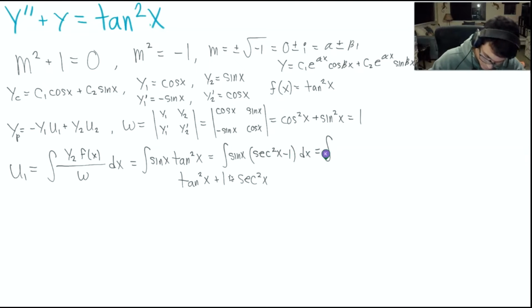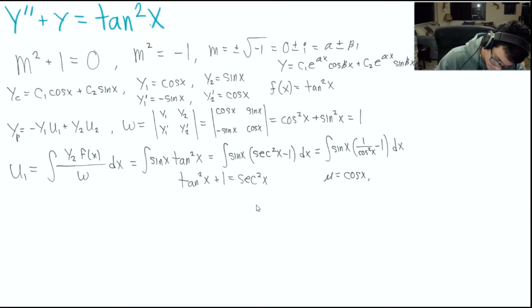Maybe we leave sine as it is and write this as 1 over cosine squared x minus 1, dx. And if we let u equal cosine x, then du is negative sine x dx. That might help us rewrite this, and we would see that this becomes 1.